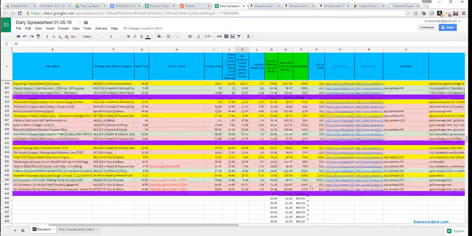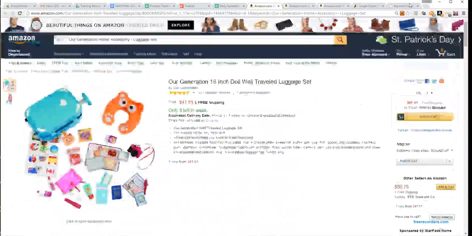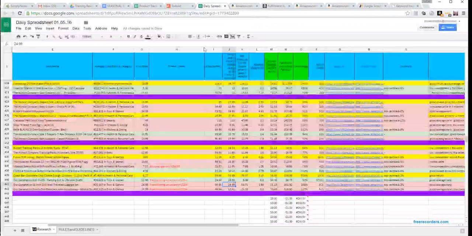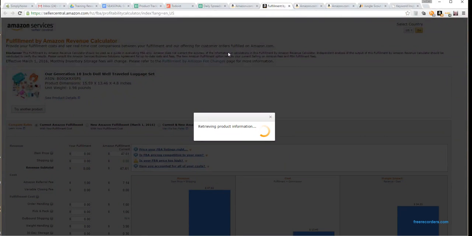So basically from now on, let's run through this example here. Okay, we do the graph. So you've got keeper lowest price $24.99. A bit slow.